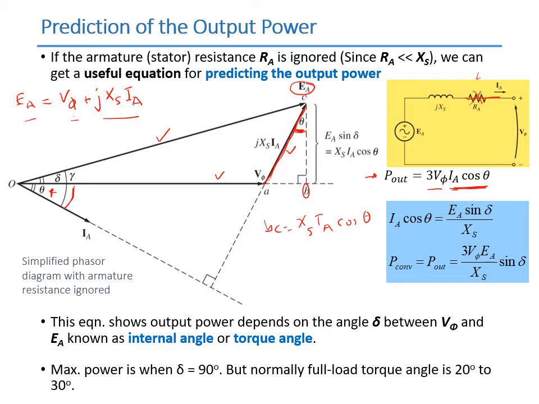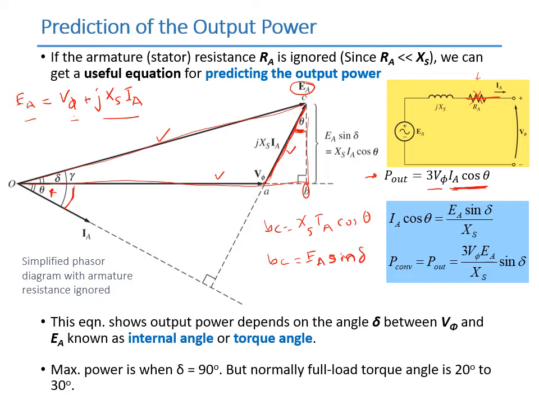But now if you look at the big triangle here, the triangle from the origin to B and then to C, you can also derive that BC is equal to EA sine delta.